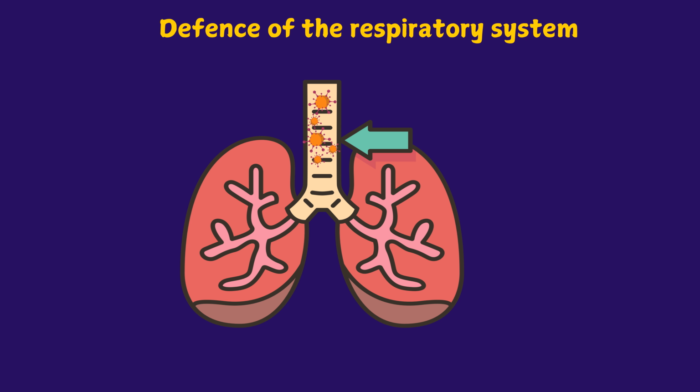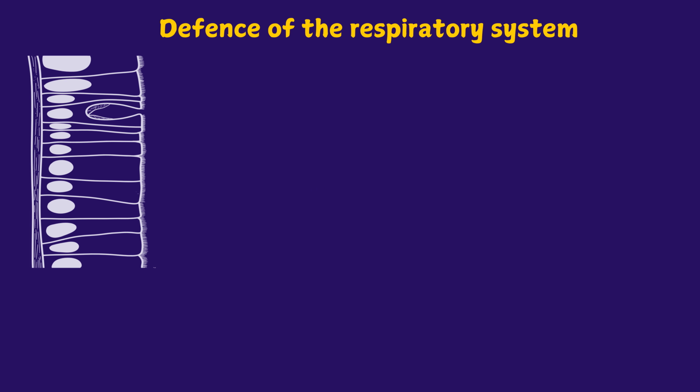Let us continue with defense of the respiratory system. Say, for example, some of the pathogens got past the nose, did not get trapped in the mucus, and ended up in your windpipe. Remember, another name for the windpipe is the trachea. These pathogens are on their way down to the lungs, but your windpipe is adapted in such a way to prevent them from getting into the lungs. Let us look at the adaptations. The trachea is lined with a tissue. This tissue is made up of cells.